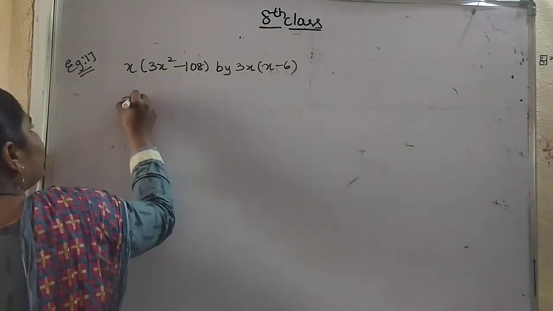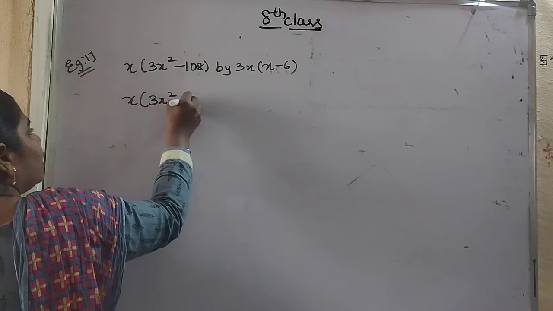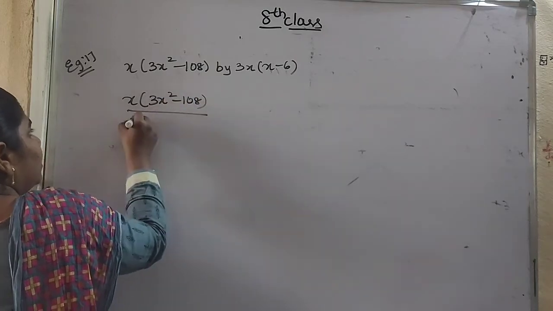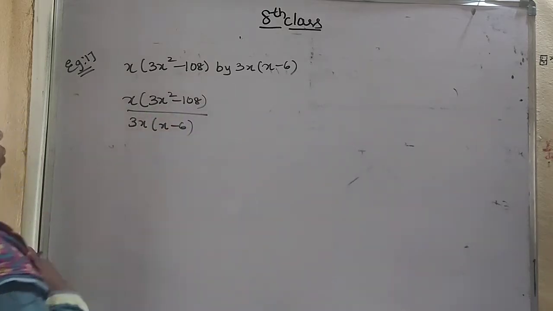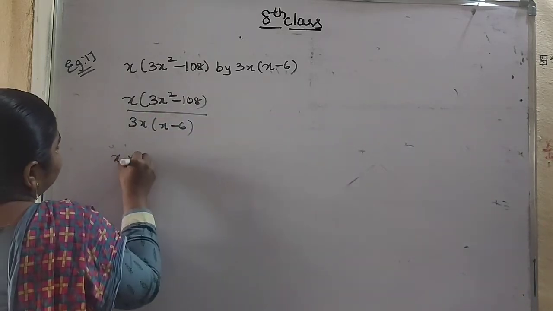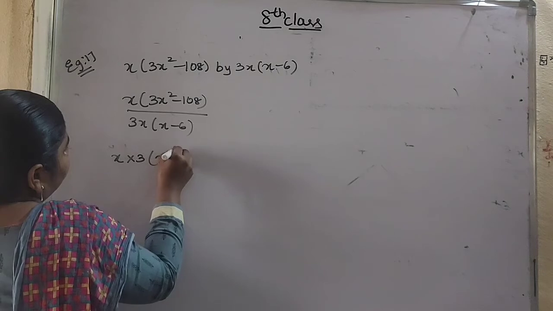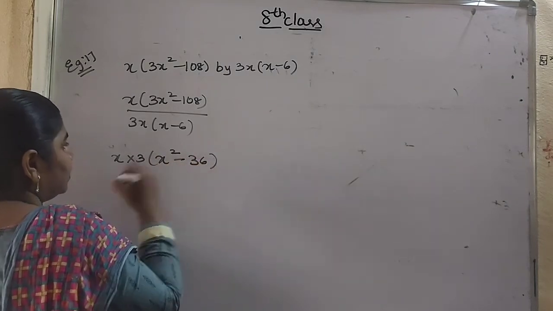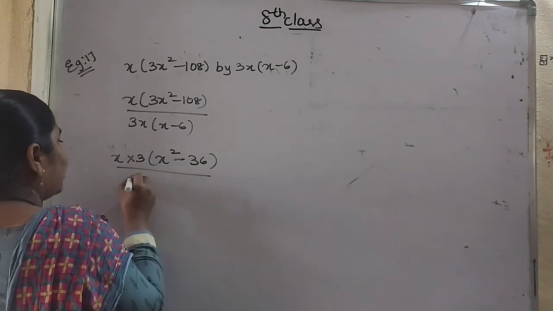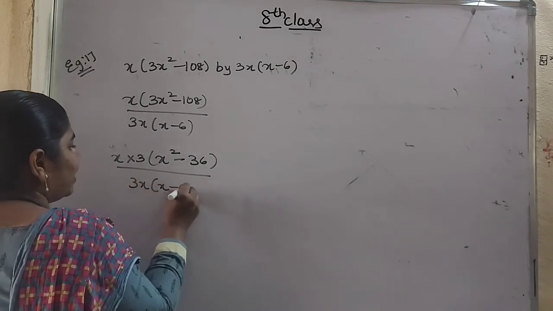Writing in fraction form, that is x into 3x square minus 108, by 3x into x minus 6. In this we can take out 3 as common. So x into 3, it will be x square minus 36, since 3 nines are 27... by 3x into x minus 6.